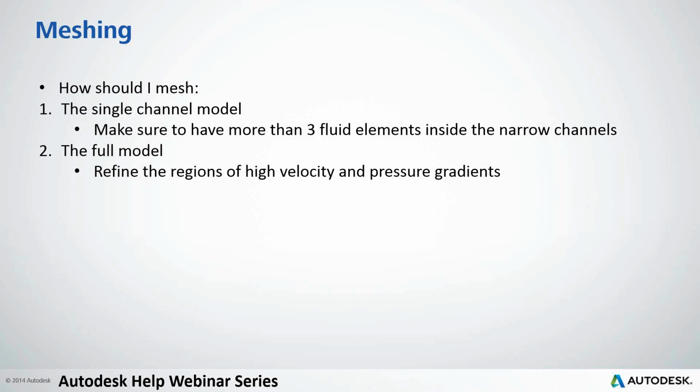And regarding the full model, as we're going to get some recirculation and velocity gradient at the inlet and sometimes at the outlets of the heat exchanger, that means at the level of the tanks, we should make sure to refine these regions.